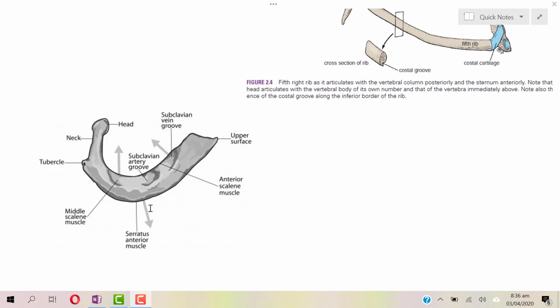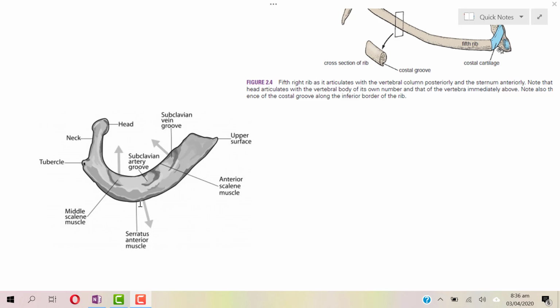Posterior to the subclavian artery groove, there is another attachment, of the scalenus medius muscle.